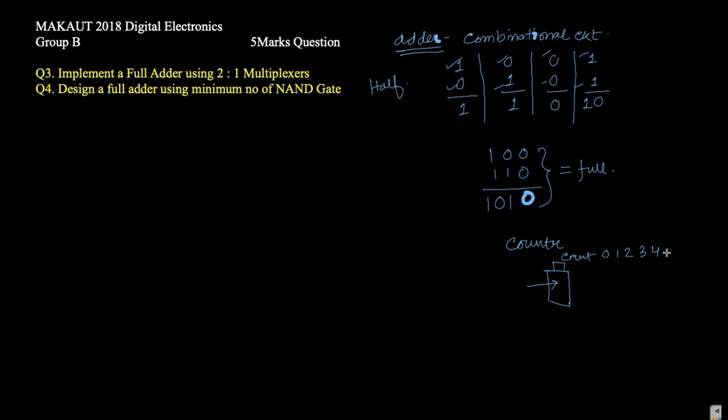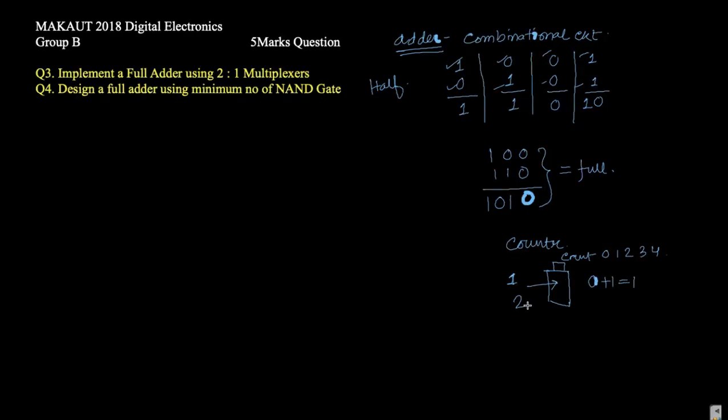As many people enter through this gate, the counter increases by 1. When no one has entered, the counter is 0. When the first person enters through this gate, the counter becomes 0 plus 1, which is 1.